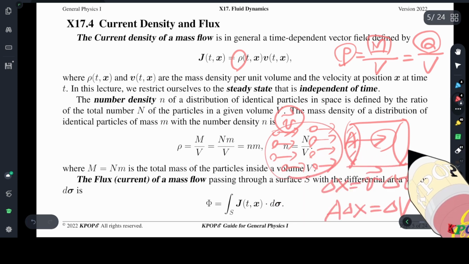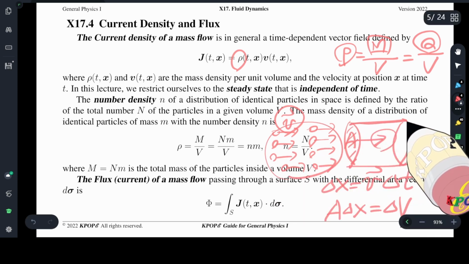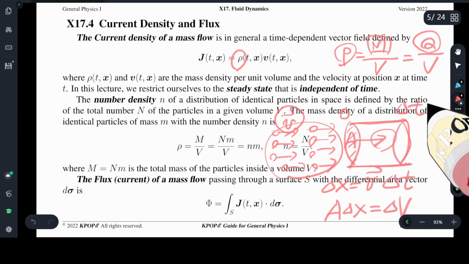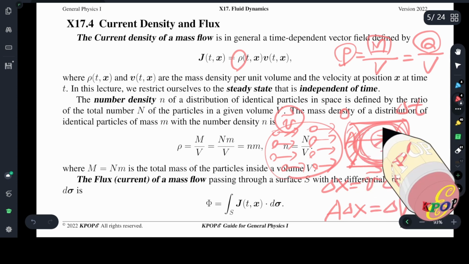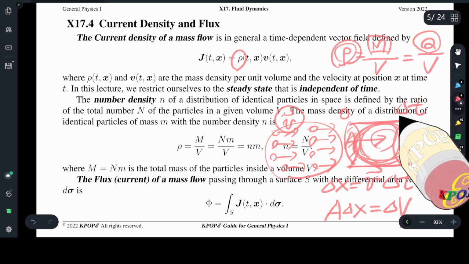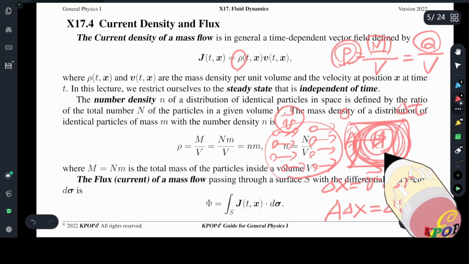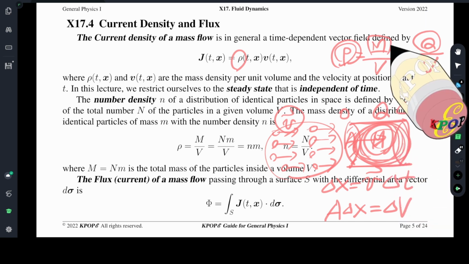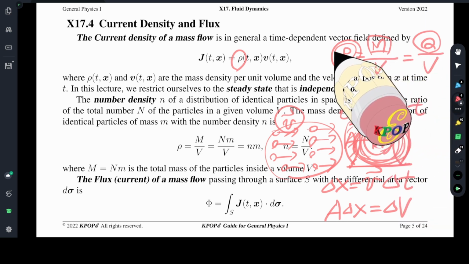So why don't we stop right now, from 0 to delta t? We have some volume. Inside the volume, we can define a density, either this mass distribution or charge distribution. In the mass distribution case, mass over volume will be the density.